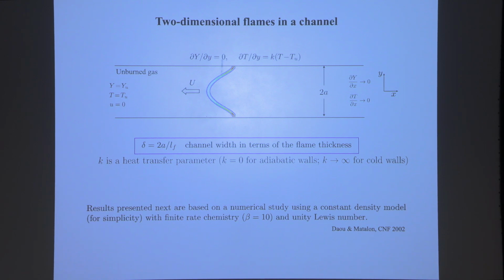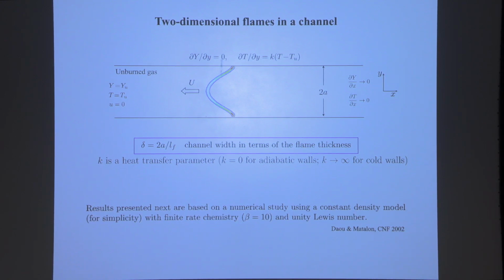The other extreme limit is K going to infinity, which means T is TU, which means isothermal condition. So in principle, K can vary from 0 to infinity, covering all these different conditions.